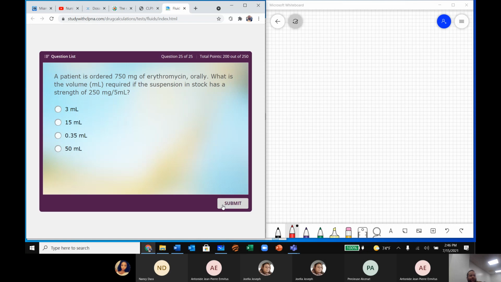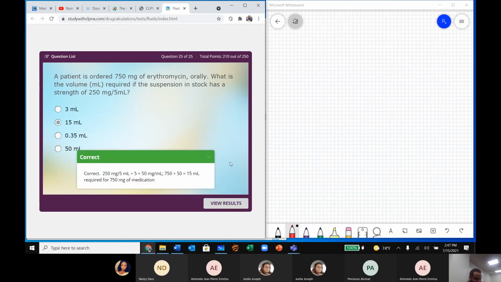What is the volume in ml required if the suspension on hand has a strength of 250 per 5 ml? It is B, 15. Yes, perfect.